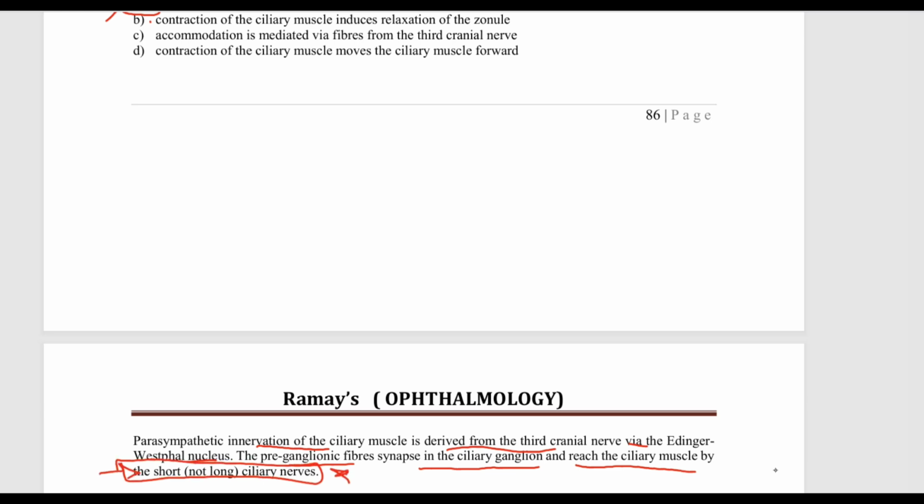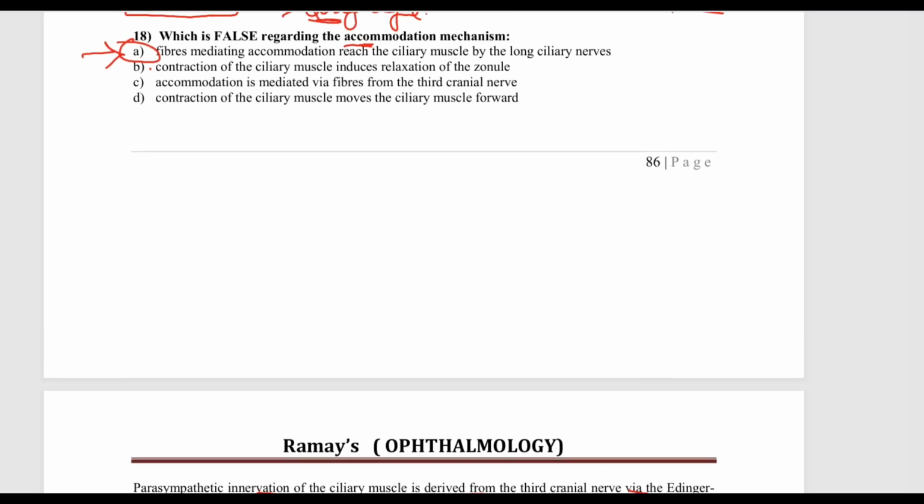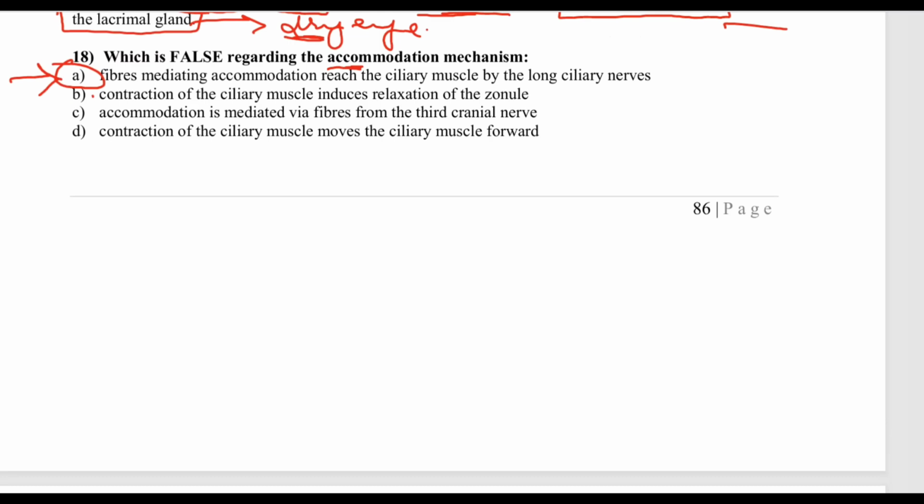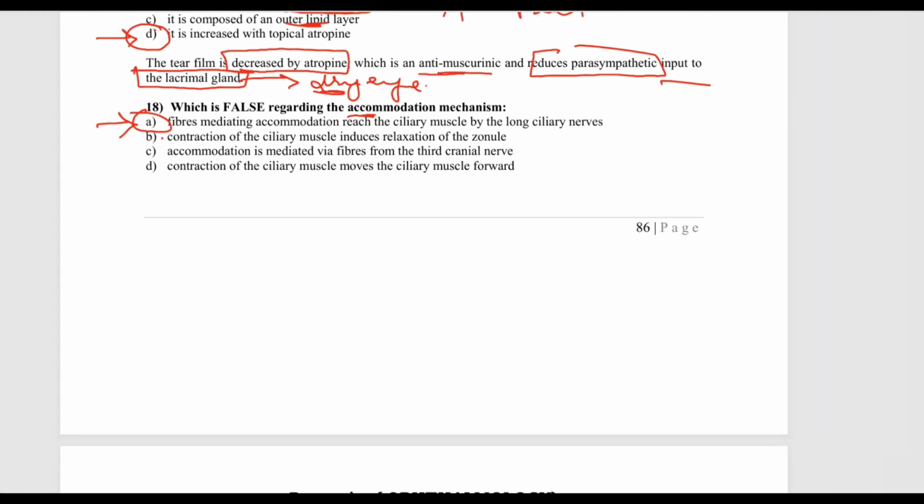Okay, this is very important. The fibers mediating the accommodation reach the ciliary muscle by the long ciliary nerve? No, this is by the short ciliary nerves.